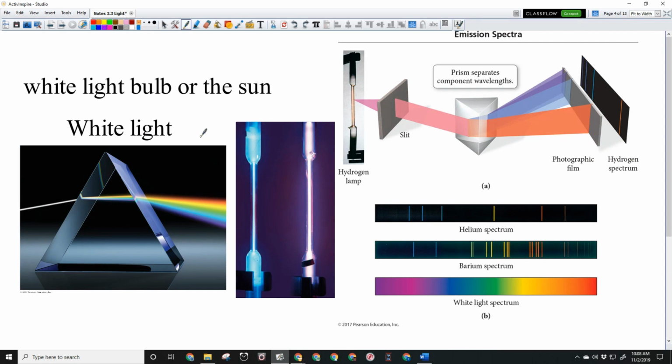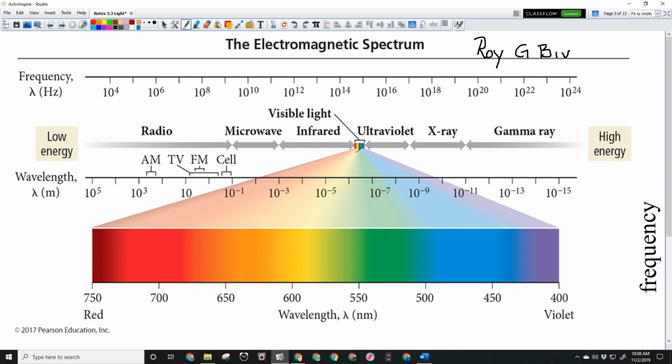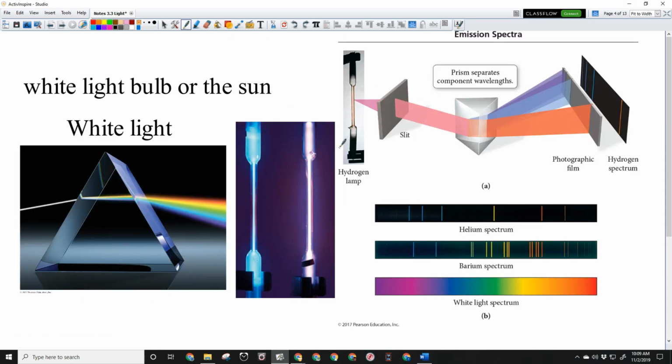All right, so if we look at white light, so all of the colors together here in the electromagnetic spectrum, the visible light section, that's called white light. So we see light that comes from light bulbs or the sun as defined as white light.